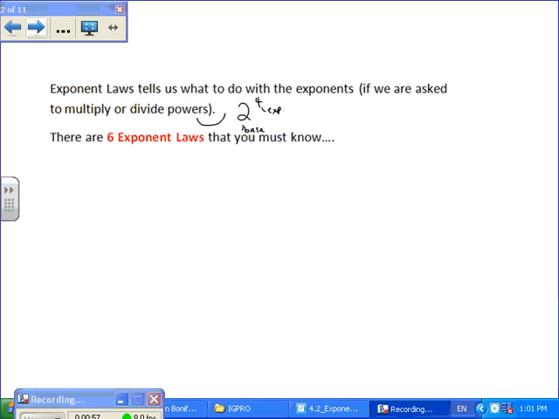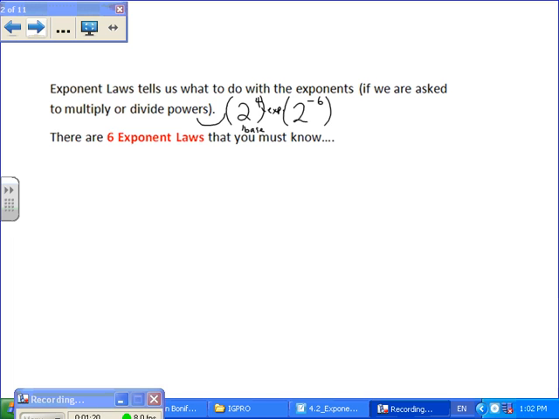Exponent laws allow us to quickly figure out what the answer would be if we are, for example, multiplying 2 to the exponent 4 times 2 to the exponent -6, or dividing one power by another power. They're shortcuts, but they save us a lot of time.